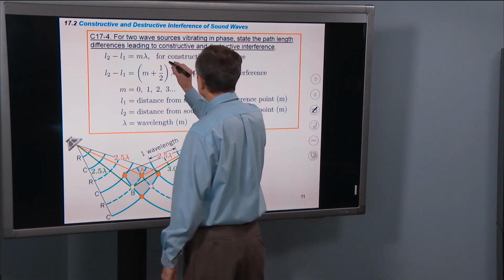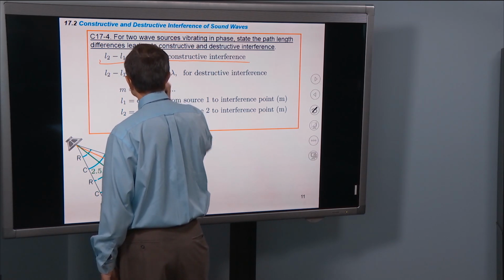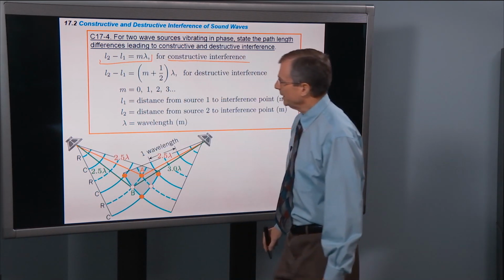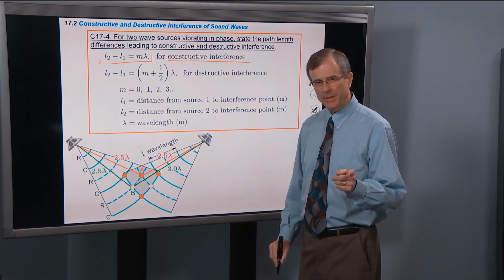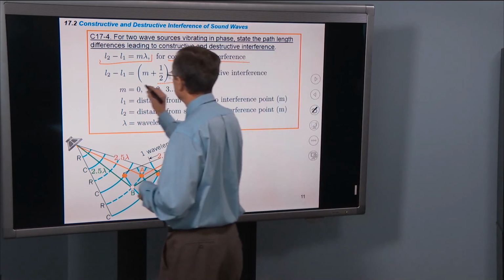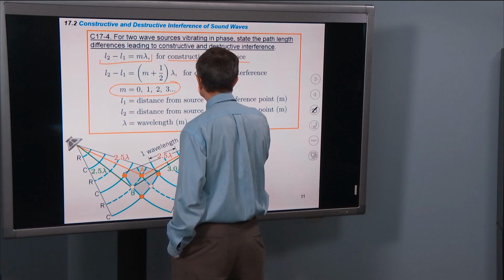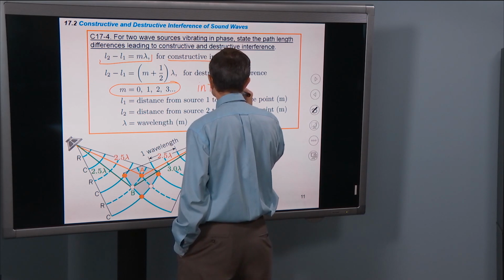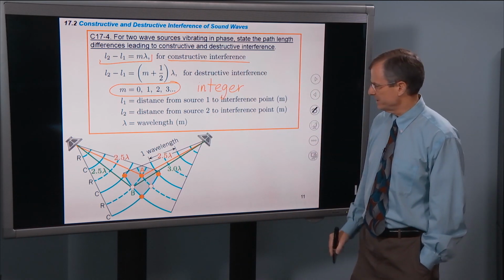So for constructive first, the path length differences are equal to m times lambda. Lambda is the wavelength. What's m? M is just an integer. It's a whole number, 0, 1, 2, 3, 4, 5, etc.